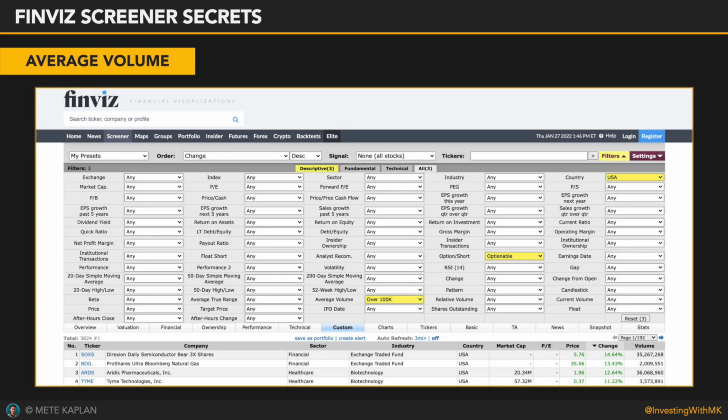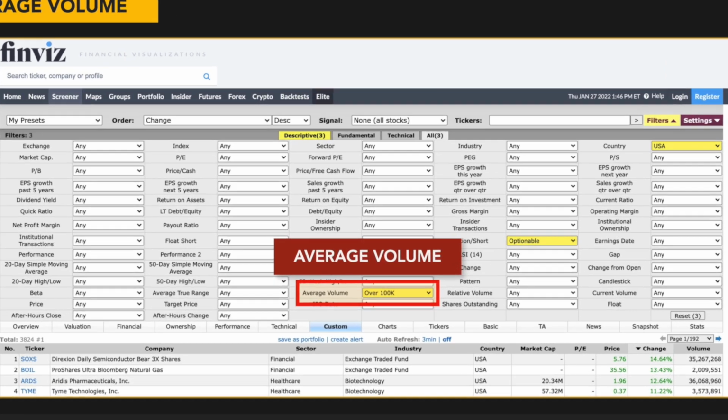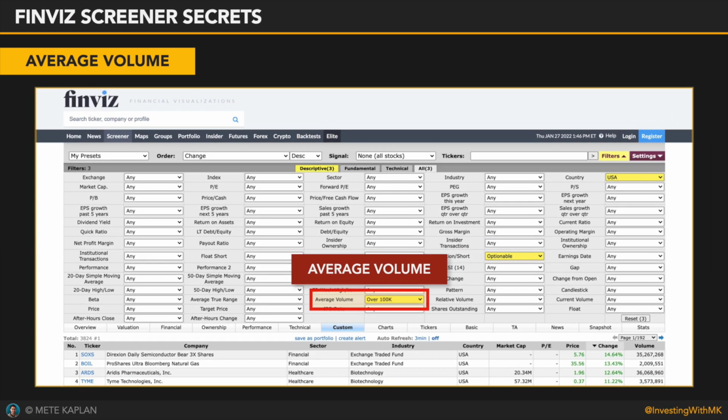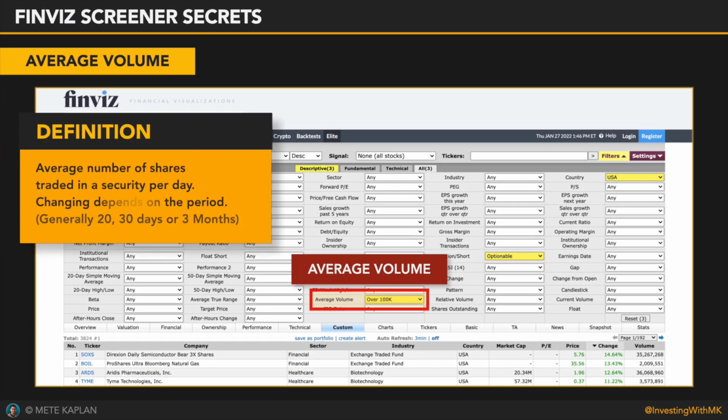Let's check out the average volume, probably the most important setting in today's list, because trading volume is everything when it comes to trading. The average volume is actually quite simple. Same as the name: the average number of shares traded in a security per day.